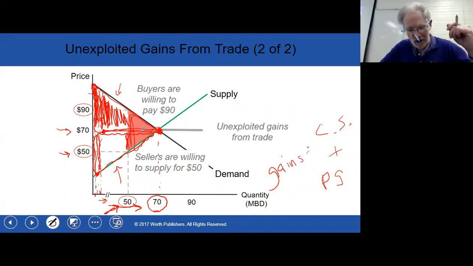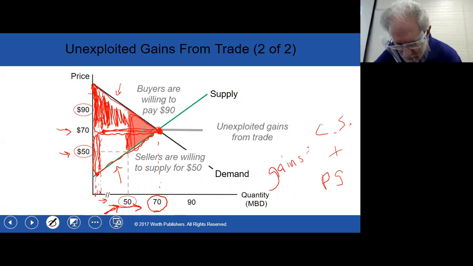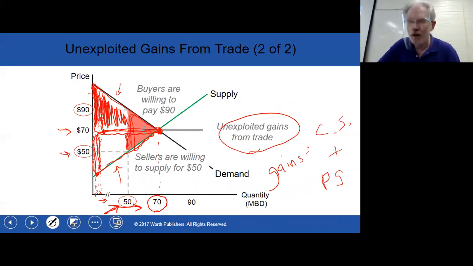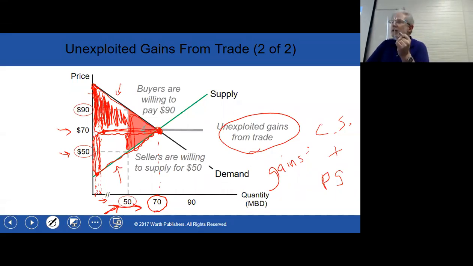Okay? If that unit doesn't get produced, then we lose that gain from trade. Nobody gets to enjoy it. That's why it's called unexploited gains from trade. For those units 51 through 70, there's a potential benefit that can be shared by the consumers and the producers.